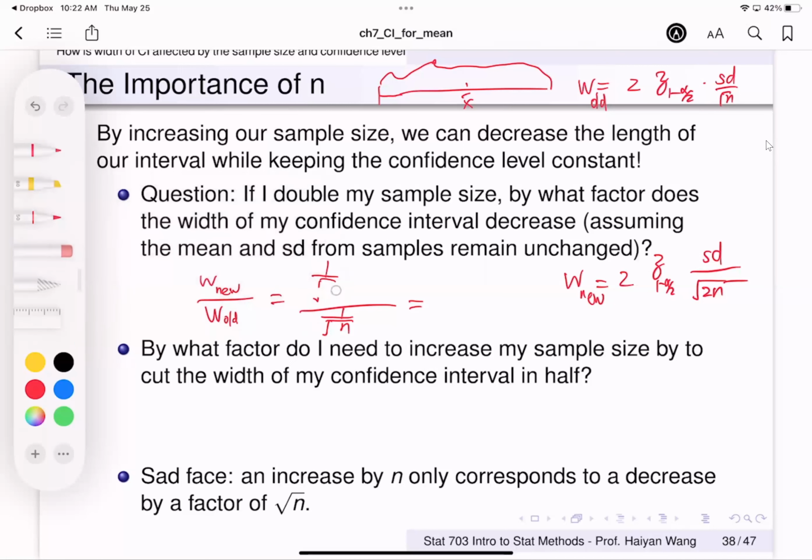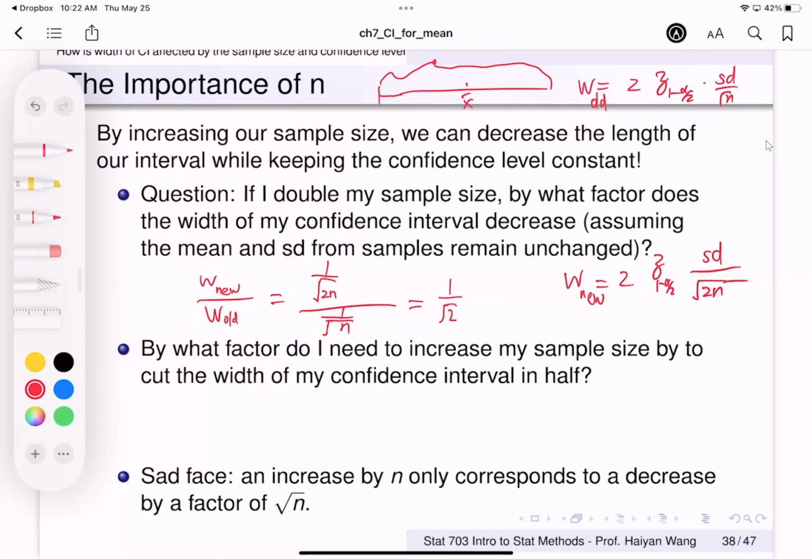So let me correct it here. So what I have is a square root of 2n in the numerator here, and then the ratio will become 1 over square root of 2. So if you double the sample size, the interval will decrease. The new interval is going to be just the old interval divided by the square root of 2 in terms of width.